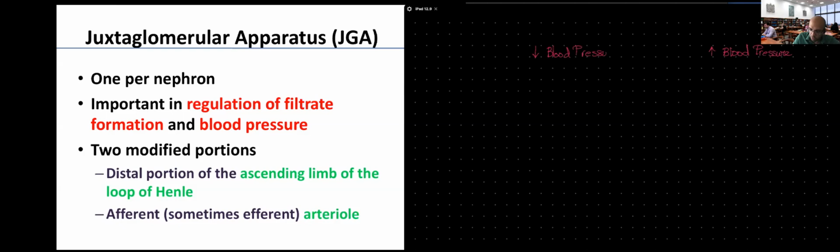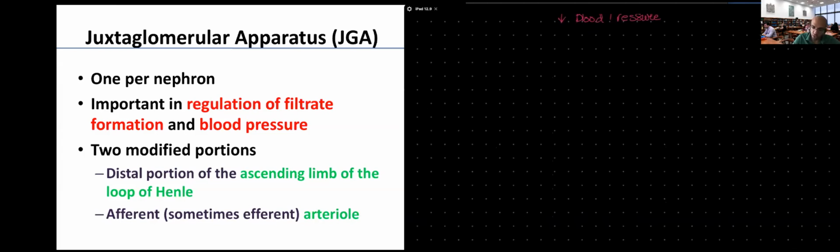Does the kidney hate low blood pressure or high blood pressure? Low blood pressure, exactly. So it's going to be trying all the time to increase the blood pressure back to normal.